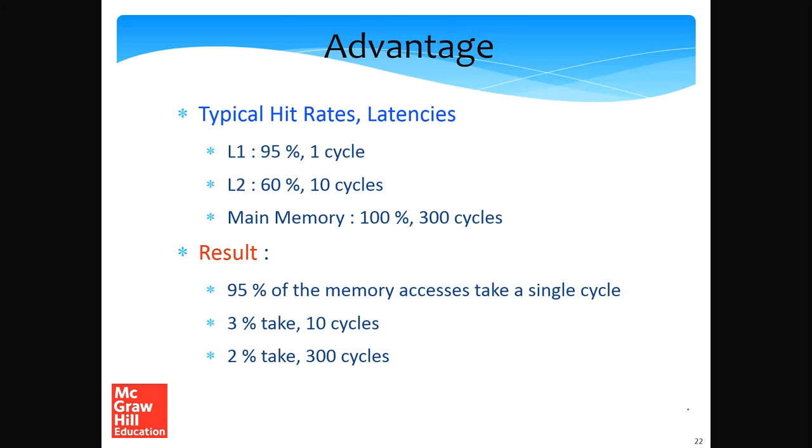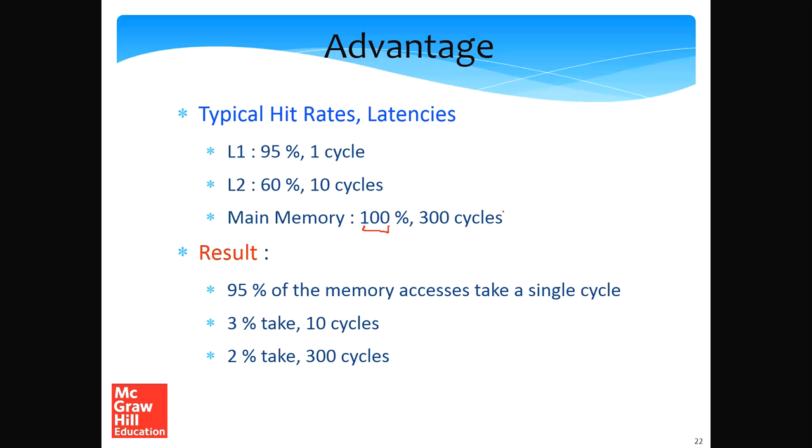So let's take a look at the advantage of having this kind of organization. Let us consider that the hit rate in L1 is 95%, which means that for 100 accesses sent to L1, 95 find their address inside L1, and it takes one cycle. Let's then assume that the L2 hit rate is 60%, and it takes 10 cycles to access L2. And then it goes to main memory, where the hit rate is 100%, and it takes 300 cycles to go to main memory and get the data back.